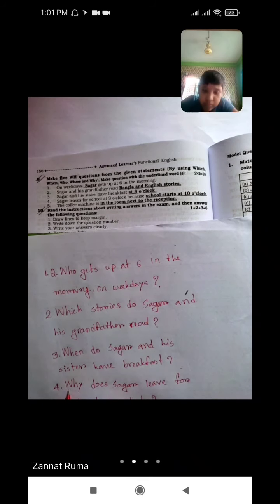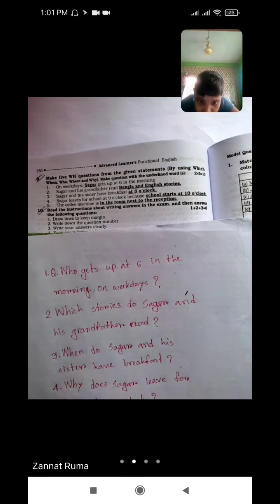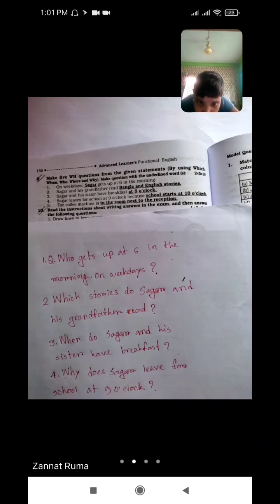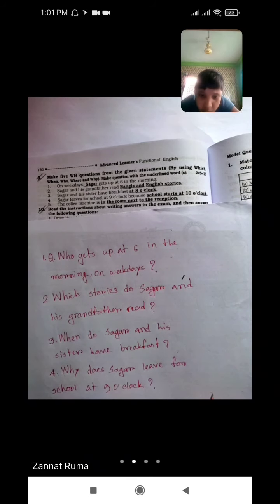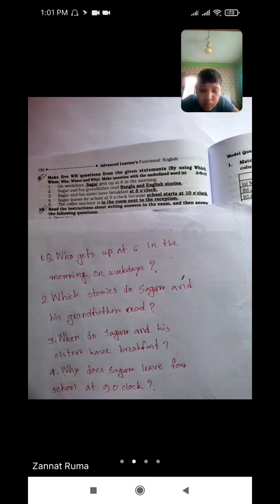Okay, number 5. The coffee machine is in the room next to the reception. Then what should we use here? At first, what should we use here? Where, right? Where means কোথায়.